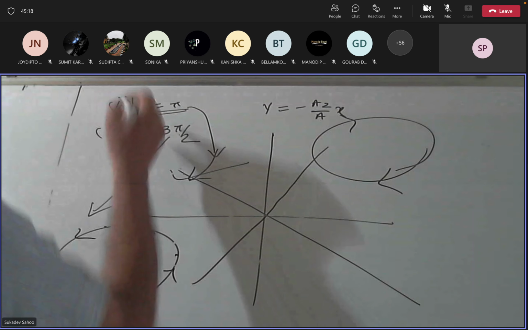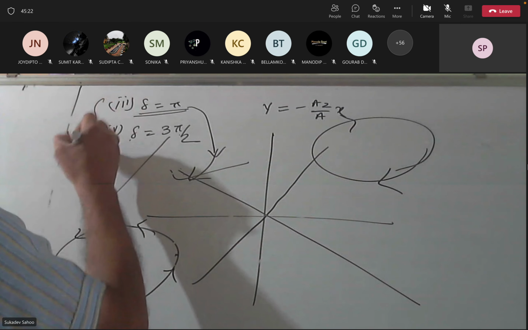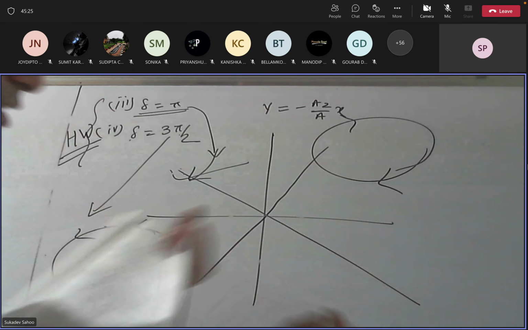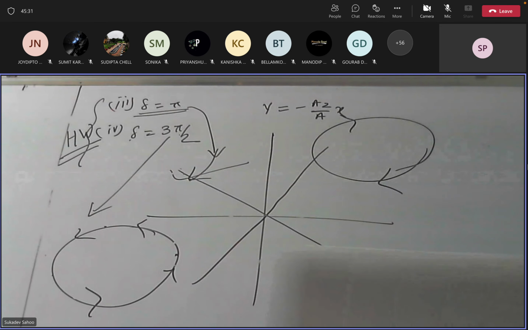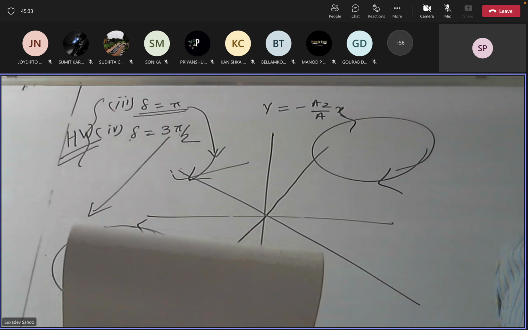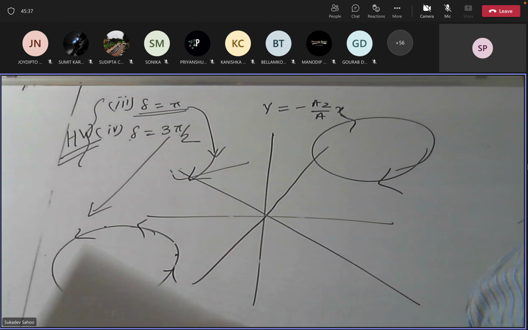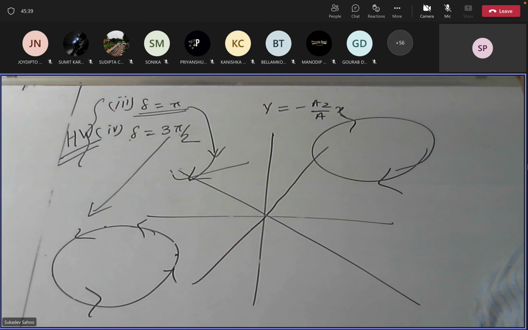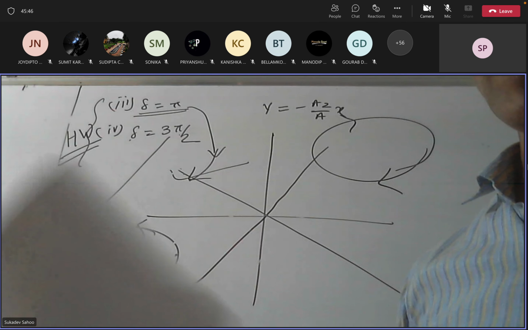Okay, all of you will try these points by yourself. Next approach: can't we take pi by 6? You can take any value, then you have to find the value of sine pi by 6. But for simple calculations, I have taken pi by 2 or 3 pi by 2 like this.